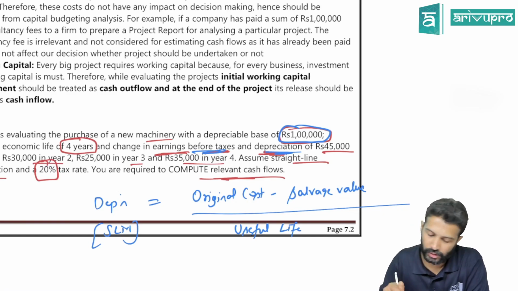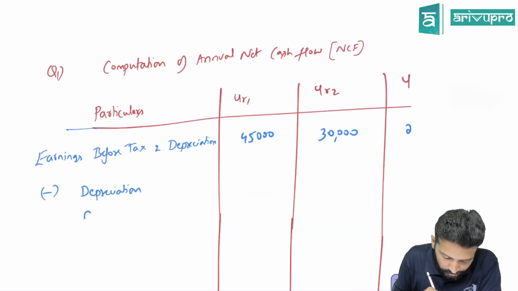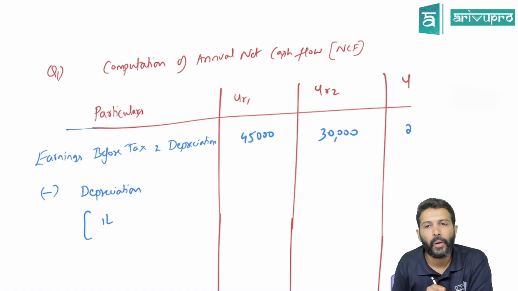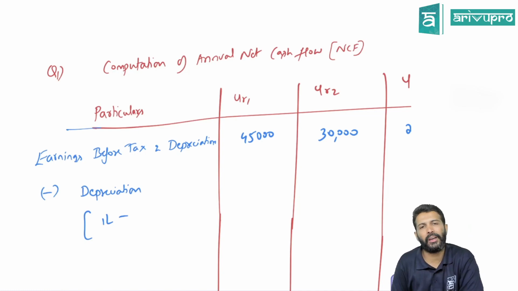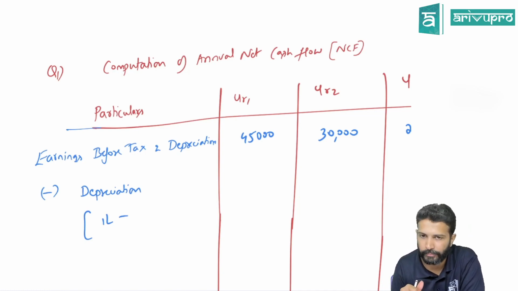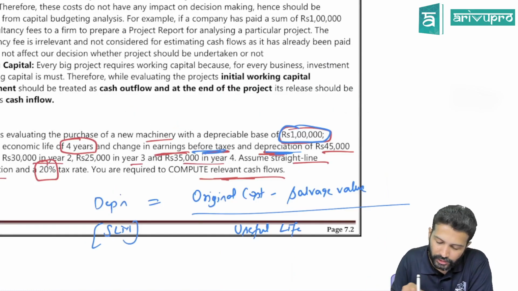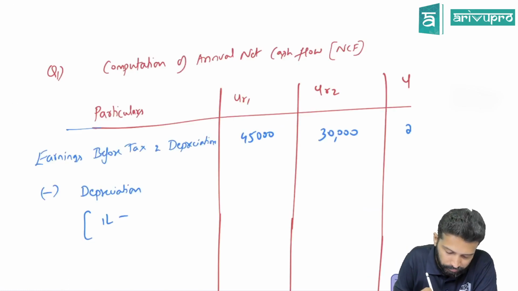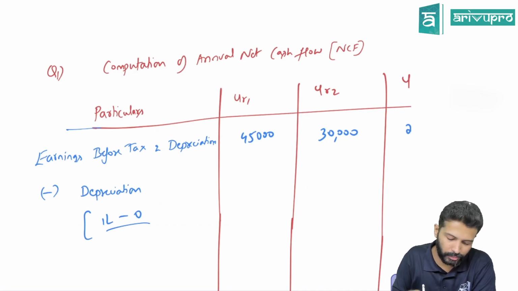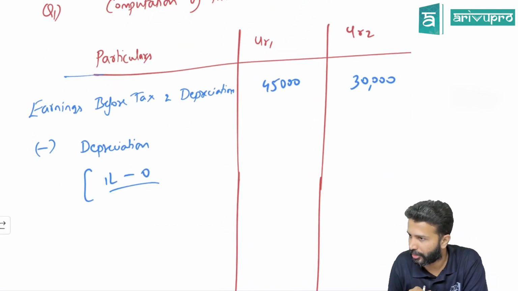Okay, now. You bought this asset for how much value, sir? 1 lakh. That is your original cost. Original cost means the price that you pay when you buy the asset initially. For this asset, you spend about 1 lakh, minus salvage value. Have they given salvage value? No. Actually, depreciation base means one after deducting salvage value only, but no problem.